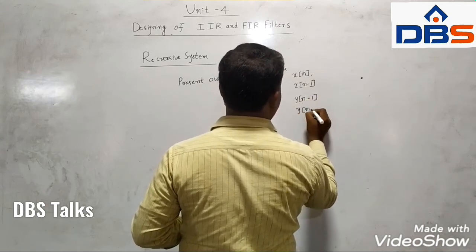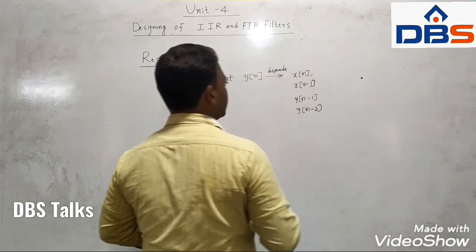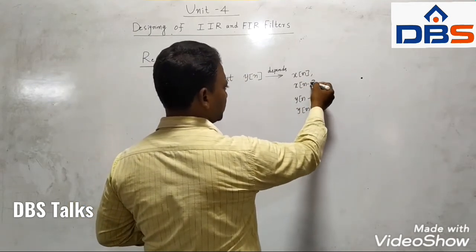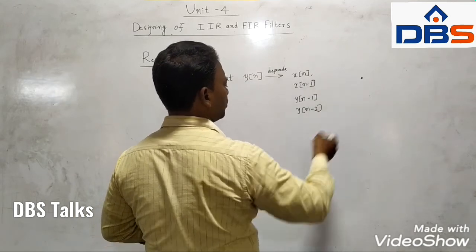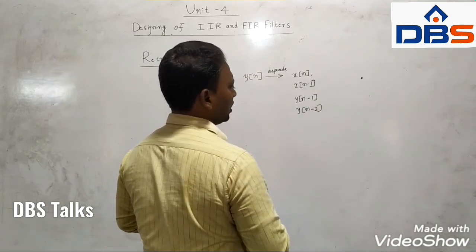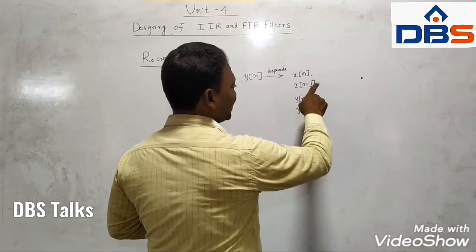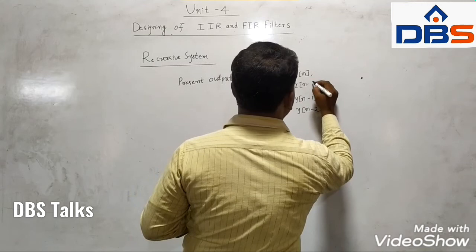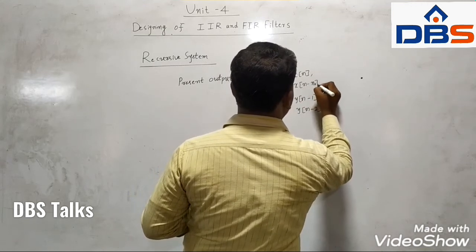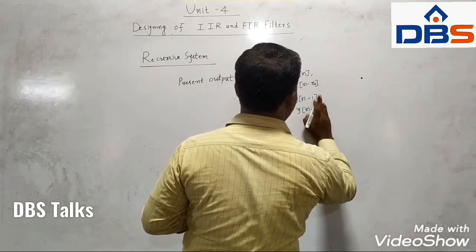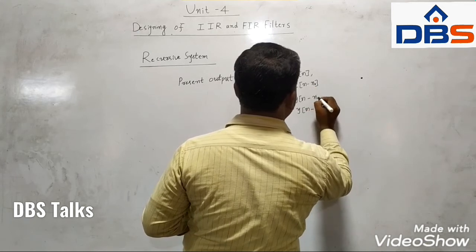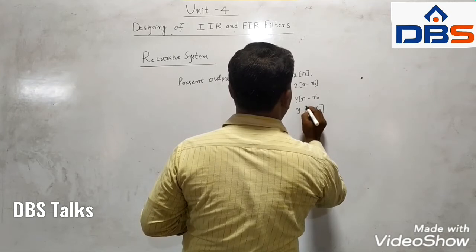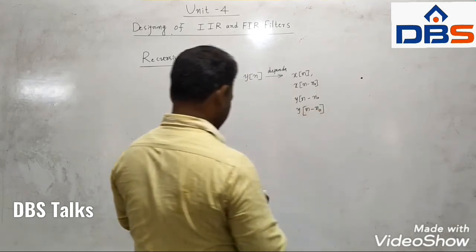This is an important observation you have to make. Not only these values, in the place of 1 you can have 2 or 3, 4, like that. But it cannot be minus 1. Simply what you can say is n minus n0, here also n minus n0, where n0 is some non-negative integer.